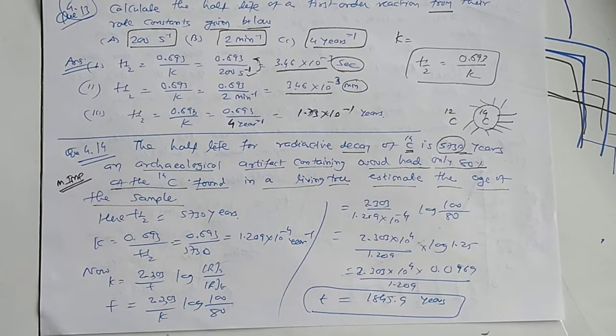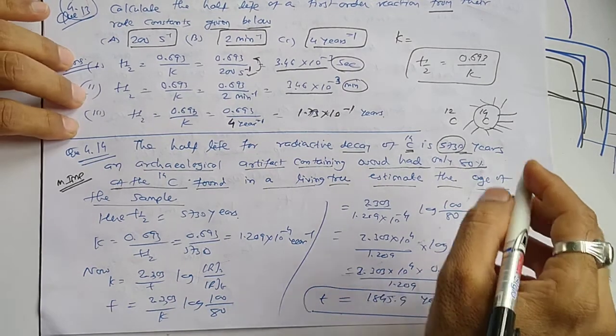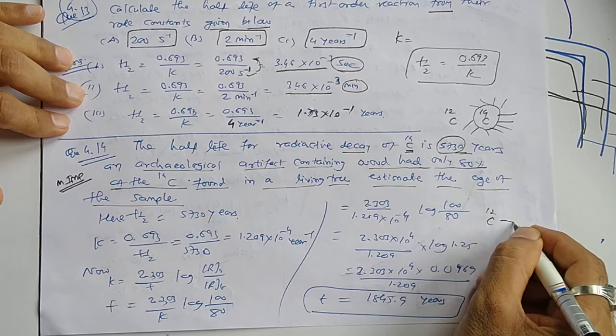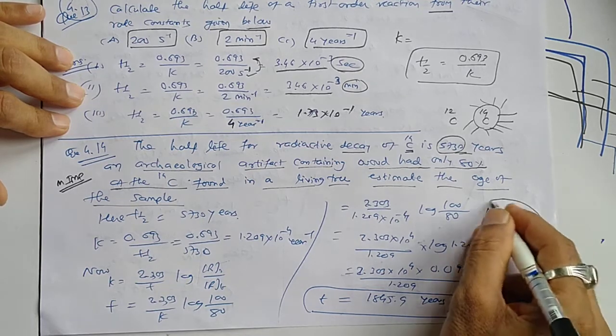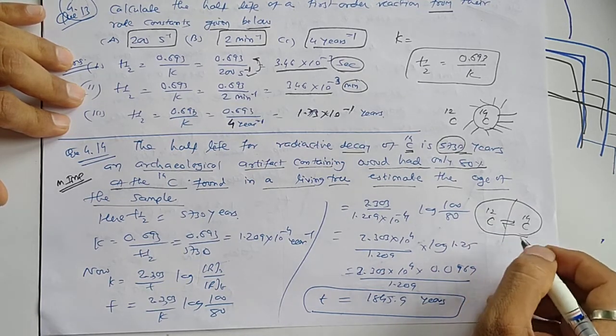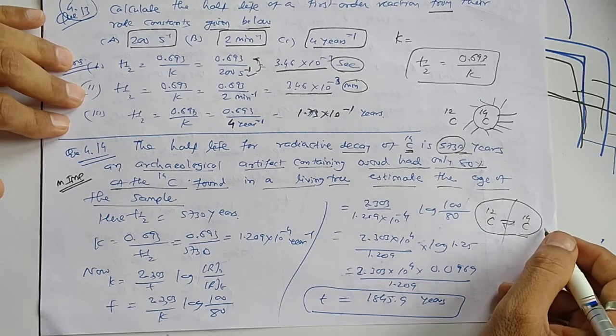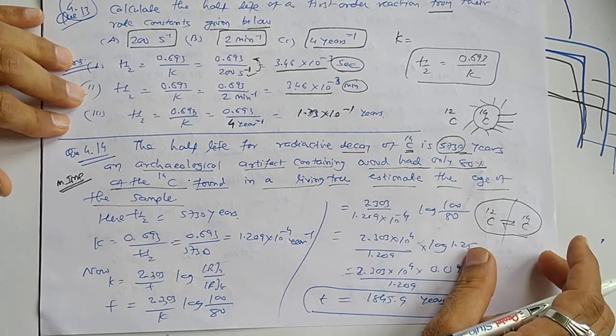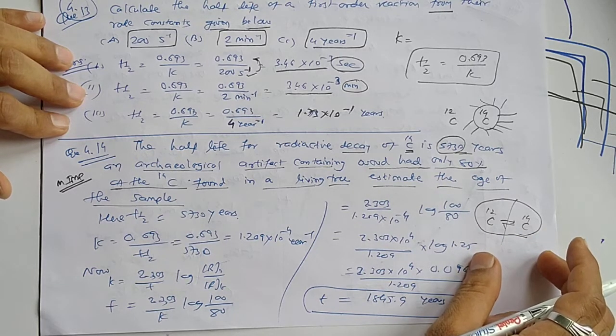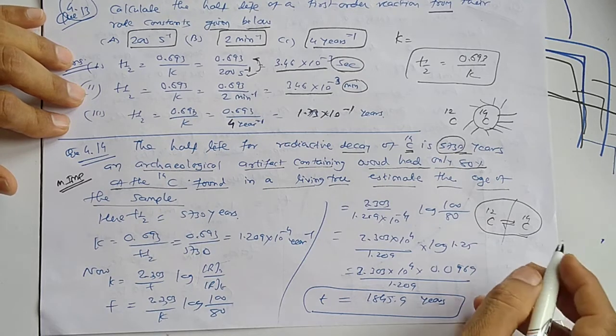In our body, in the plant, in the tree, there are both types of atoms, C-12 and C-14. In a living tree or human, there is equilibrium, so it does not emit radiation.